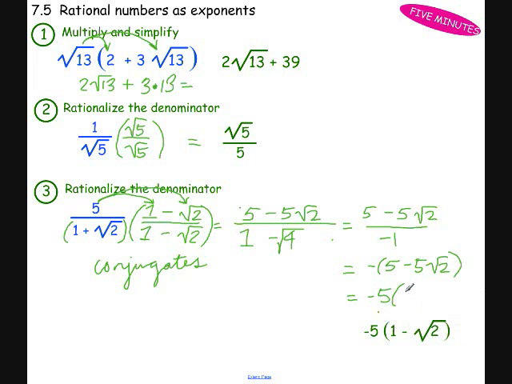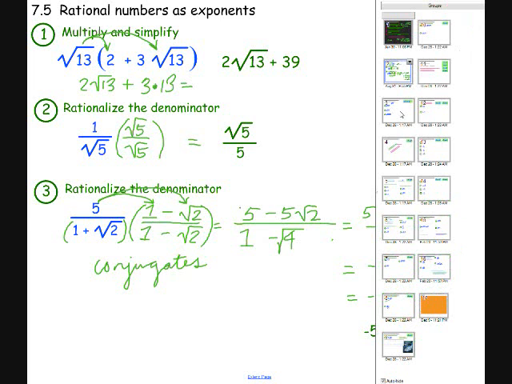Whoops, 1. Okay, I spent a little more time on that than I intended to, but I think it was probably worth it. I think we're set up properly now to go forward with rational numbers as exponents.